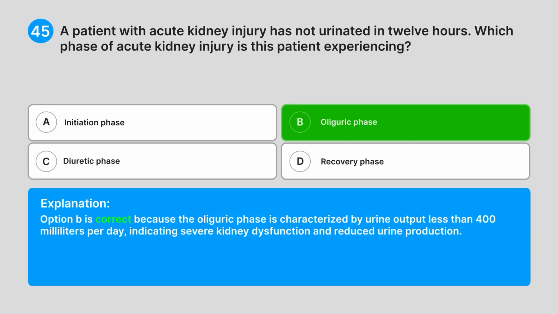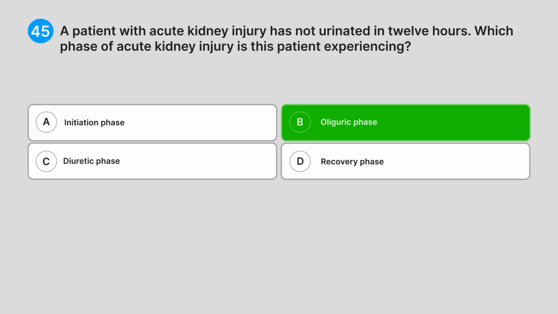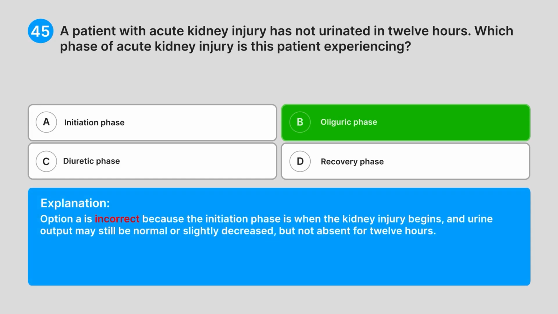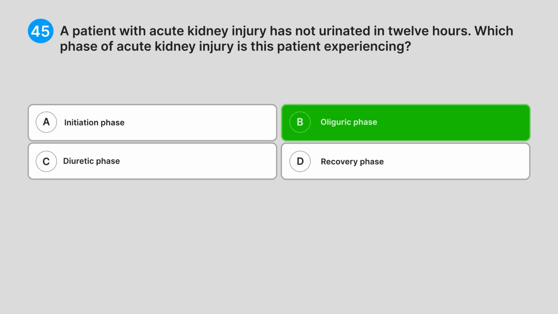Explanation: option B is correct because the oliguric phase is characterized by urine output less than 400 milliliters per day, indicating severe kidney dysfunction and reduced urine production. Option A is incorrect because the initiation phase is when the kidney injury begins, and urine output may still be normal or slightly decreased, but are not absent for 12 hours.